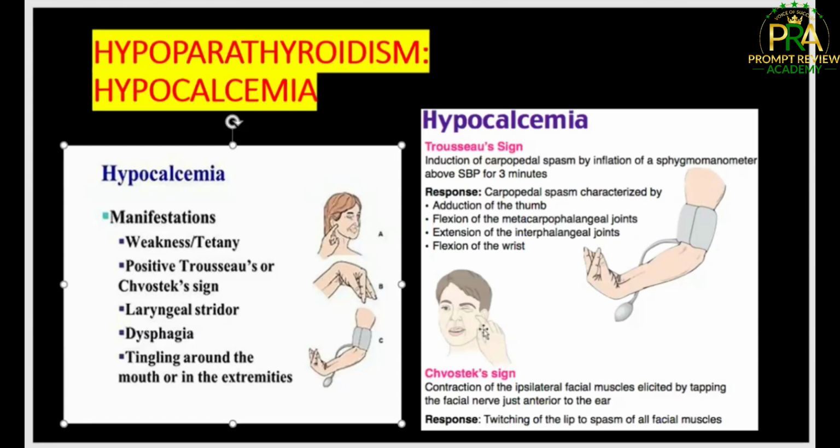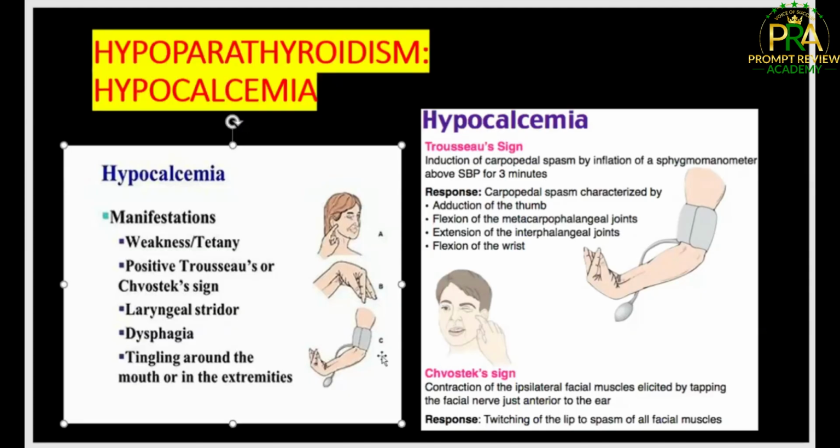Okay, but Chvostek sign is contraction of the ipsilateral facial muscles elicited by tapping the facial nerve just anterior to the ear. So when you tap anterior to the ear, somewhere here, the person is going to respond by twitching of the lip, to spasm of all the facial muscles.